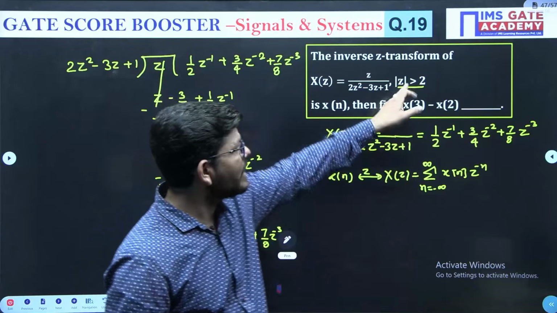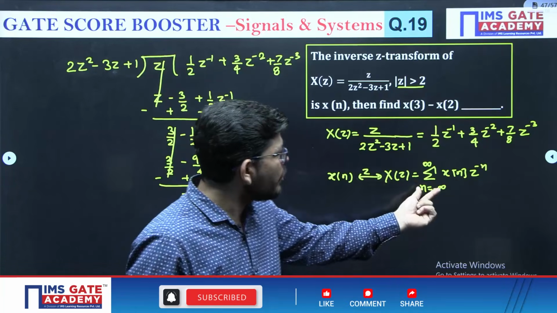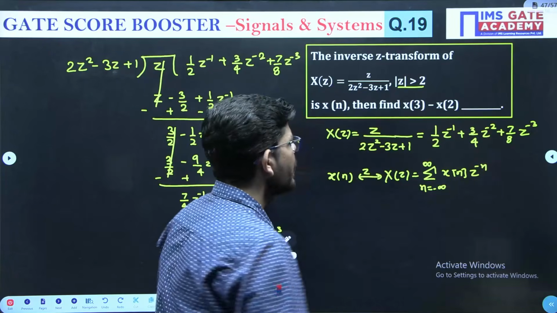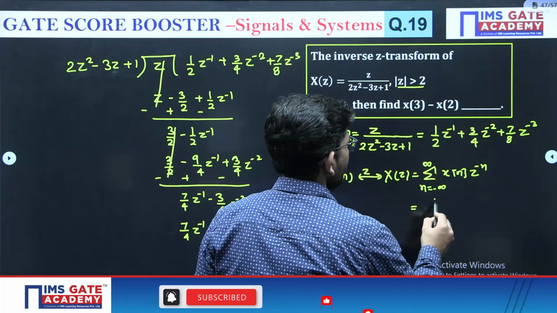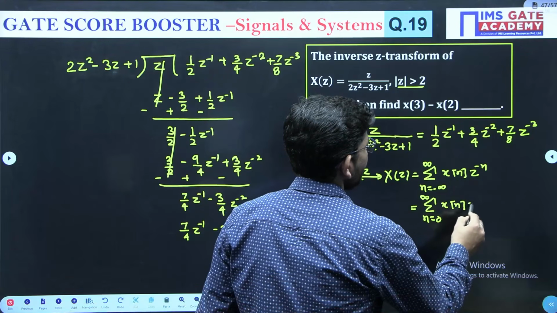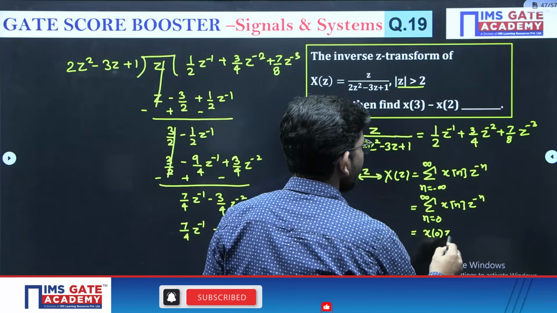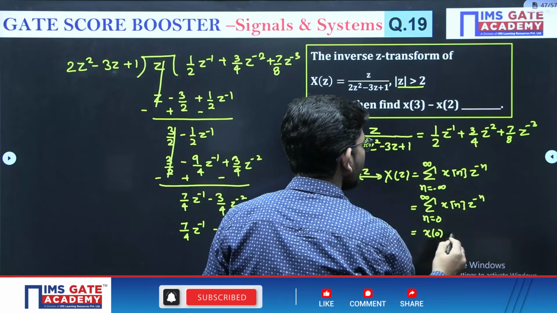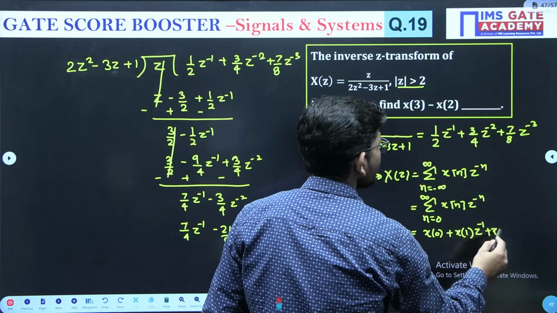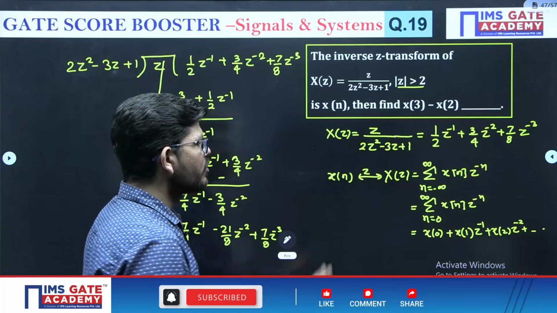See, ROC was given as greater than, so we can only put positive values of n. If you put positive values of n, z power will always be negative, right? So if I put the n values 0 to infinity, x of n z to the power minus n, then what will I get? I will get x of 0 and z to the power 0, means there will be no coefficient. X of 1 z to the power minus 1, x of 2 z to the power minus 2, and so on, right?